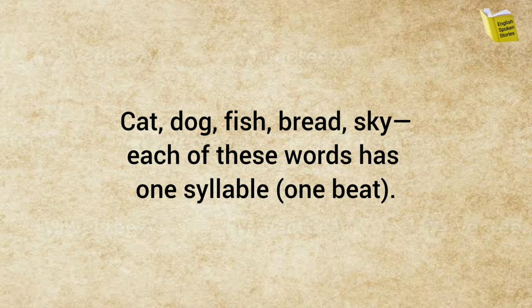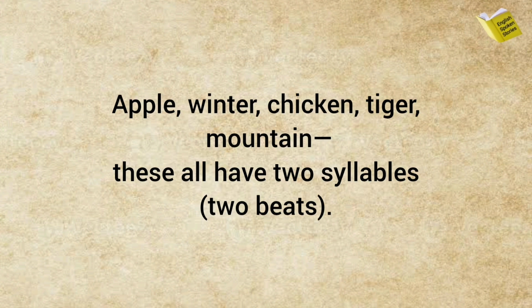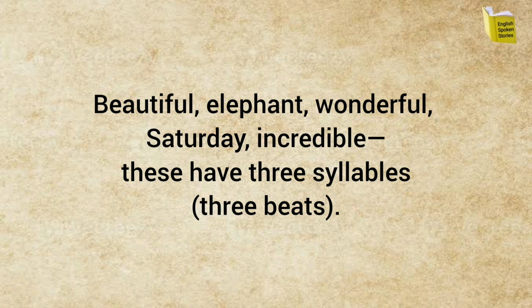Each of these words has one syllable, one beat. Apple, winter, chicken, tiger, mountain. These all have two syllables, two beats. Beautiful, elephant, wonderful, Saturday, incredible. These have three syllables, three beats.